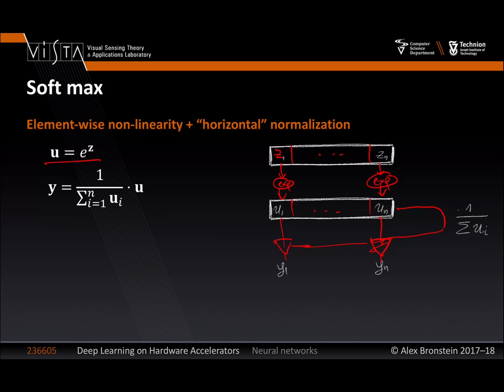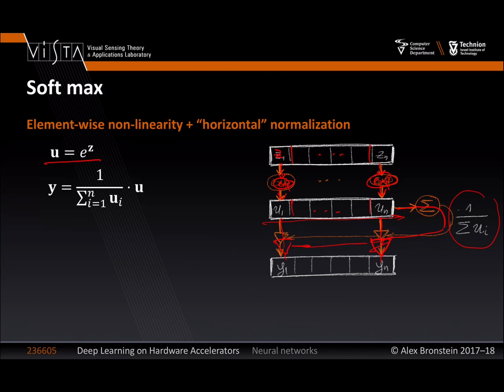So you scale the vector u element-wise by the same amount, obtained by a horizontal operation on the vector that involves all the elements. Okay, and this is what gives you the vector y. So it's not exactly an element-wise nonlinearity. It has an element-wise component, but it also depends on all the elements of the vector.